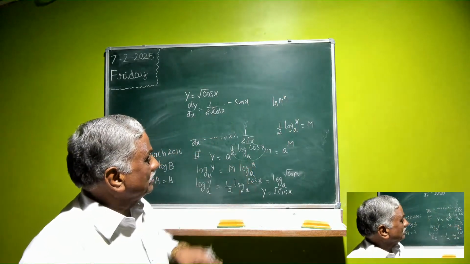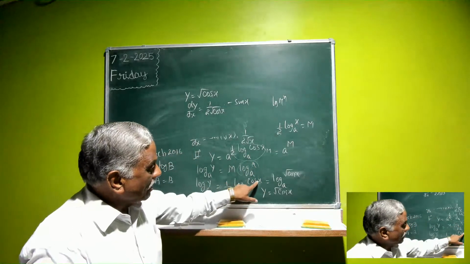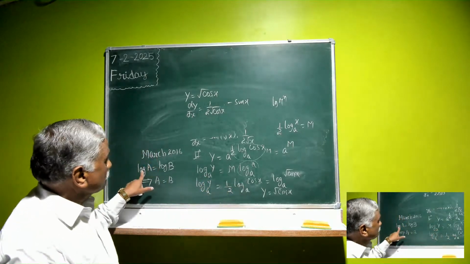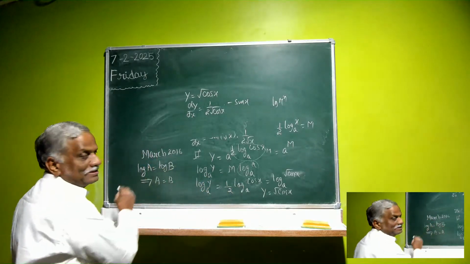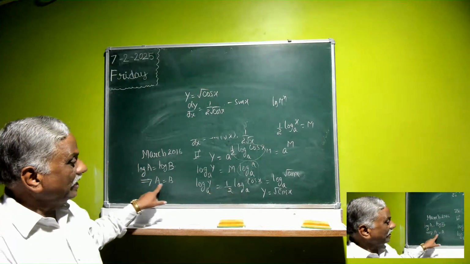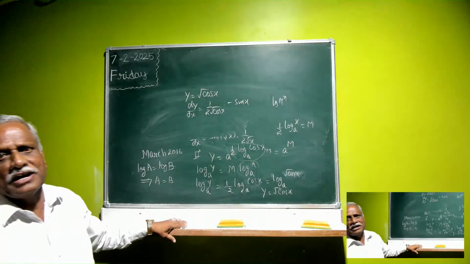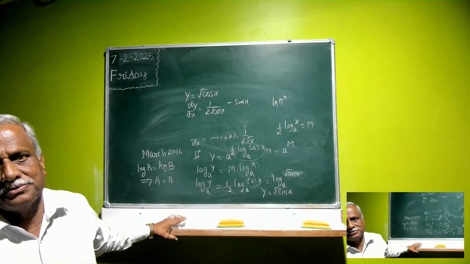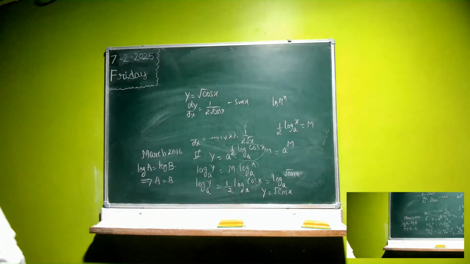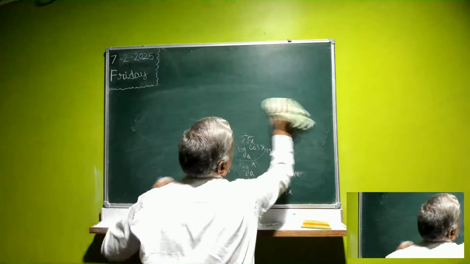Log a to base a is 1, so that term is not there. Now what is m? Half log cos x to base a. Here also I have taken base a, so I use this formula log a is equal to log b for any base. Of course, both the bases should be the same. Here both are the same, so I get a is equal to b. Therefore, I get y is equal to root cos x. This is the only difficult problem we have seen in the examination, and they asked it only in 2015. Afterwards, we have not found any such problem. So in case it is asked, you should remember how to do it.